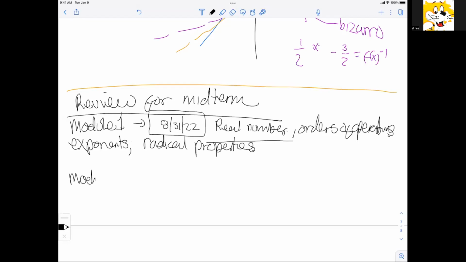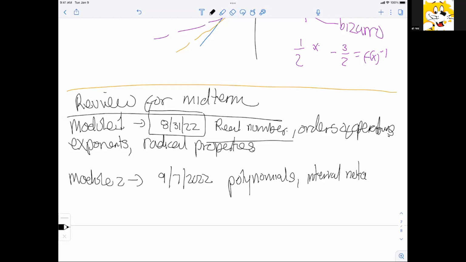Module 2. We had a recording of 9/7/2022, which is on the Lumen site. And here we went over polynomials and interval notation. And what about polynomials?